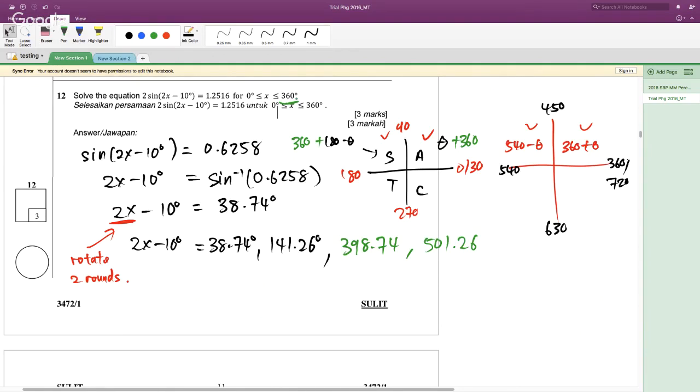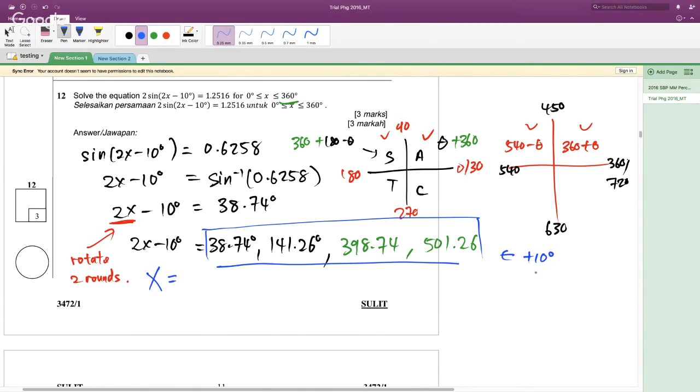Okay, so what I will do here is, in order to find x, all the angles here, I will plus 10 degrees, and then I will divide by 2. So I will just do something like this: the answer, you have it plus 10 degrees and then over 2. Because of minus 10 multiplied by 2 here.